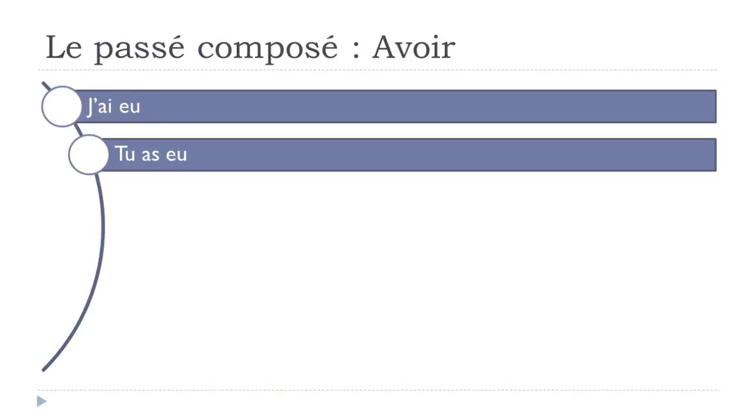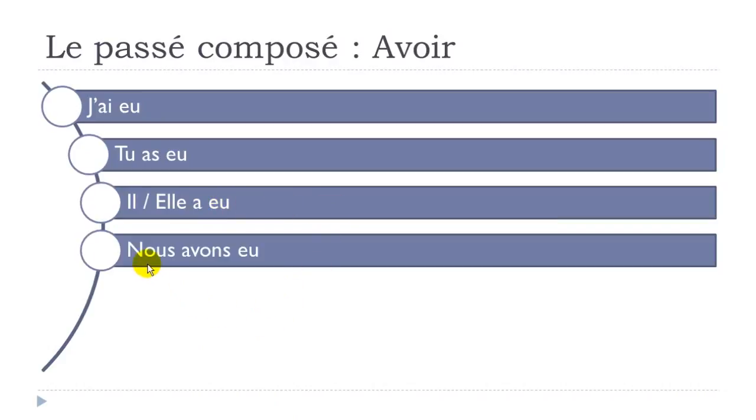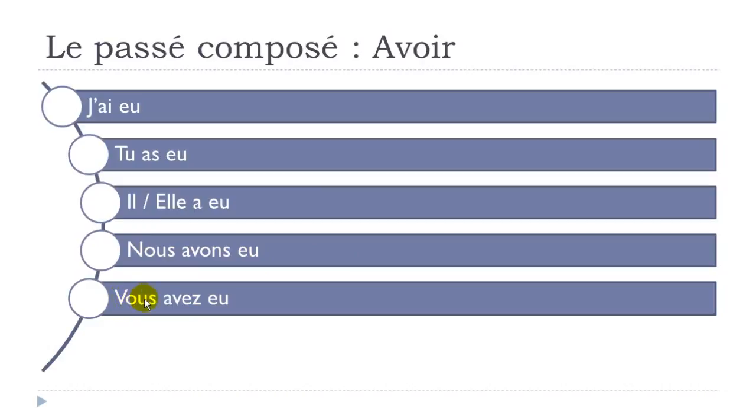Tu as eu. Il a eu, masculine form. Elle a eu, feminine form. So here, let's make the little liaison, the little link between everything. Nous avons eu.